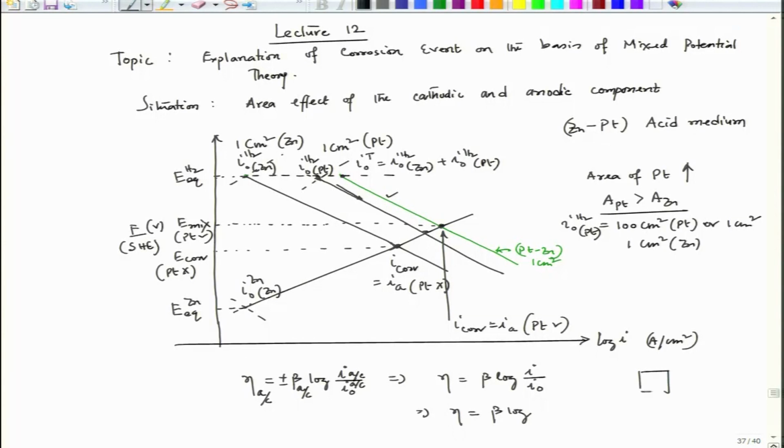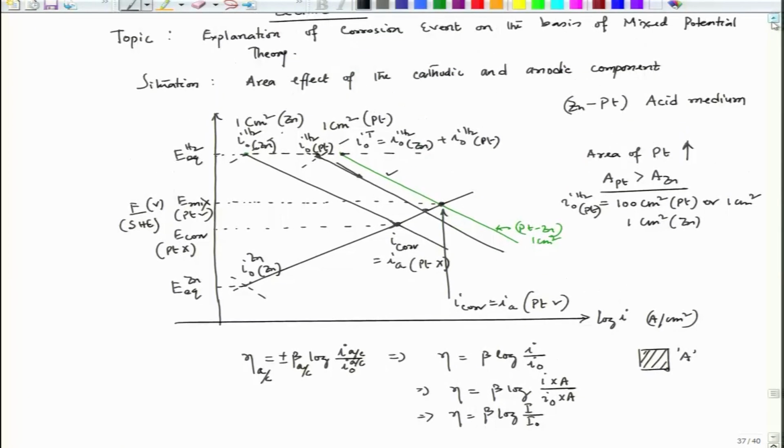Let us say I consider some area A. So, if I multiply area on both sides, denominator as well as numerator, this particular equation will turn out to be capital I by capital I0, because we are multiplying the same area for both the current densities. So, this equation should be equally valid.